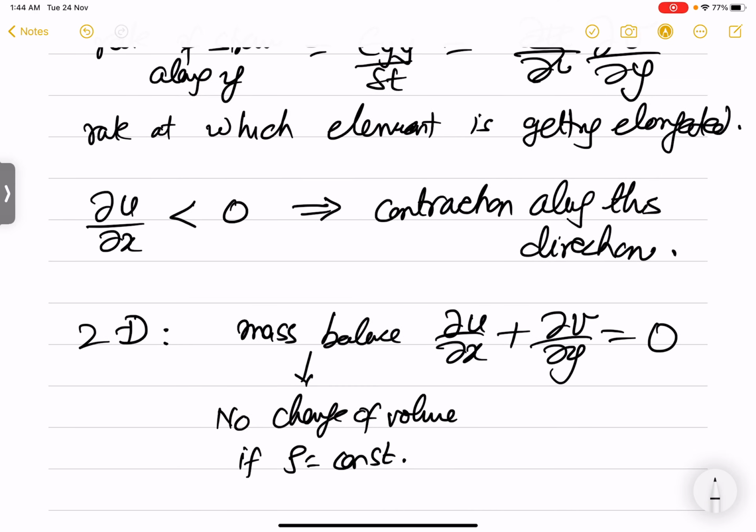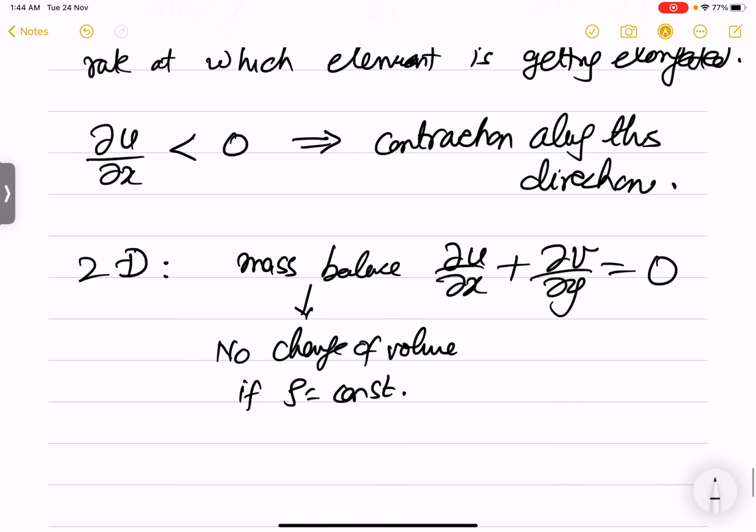And if this has to stay at a constant volume, then the net increase rates have to be negative of each other.